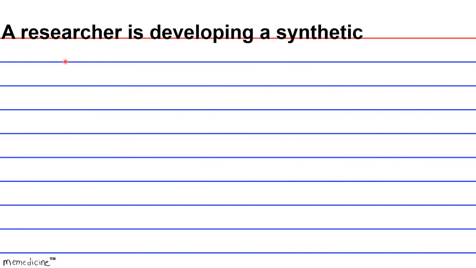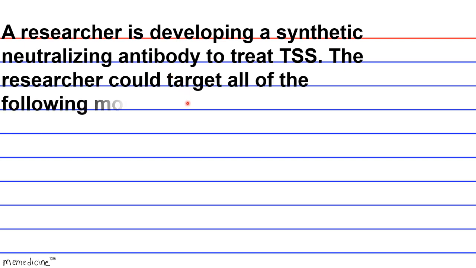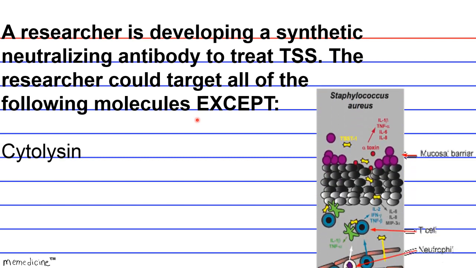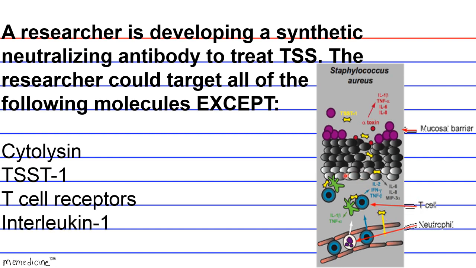The other ones are just pretty far off. A researcher is developing a synthetic neutralizing antibody to treat TSS. The researcher could target all of the following molecules except A. Cytolysin, which may be an aspect of the alpha toxin, B. TSST1, so the toxic shock syndrome toxin 1, C. T cell receptors, or D. Interleukin 1.